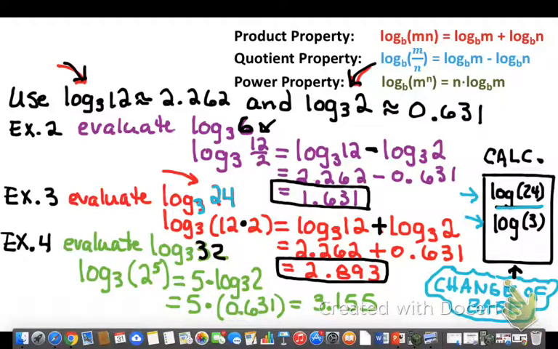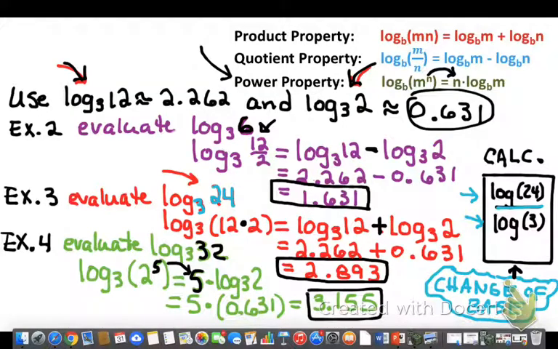So recall when we're using our power property, the exponent goes in the front. So the 5 gets multiplied to the front. And then we have our log base 3 of 2 left over. We know that that log base 3 of 2 is equal to 0.631. That's given up here. And when we multiply it out, we get 3.155.